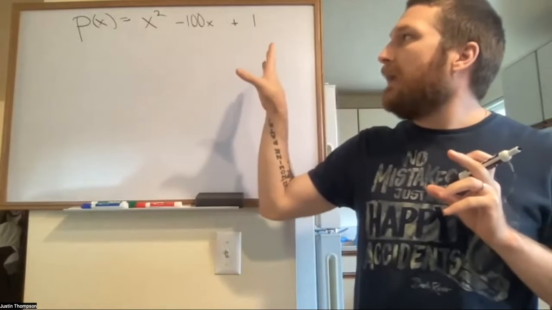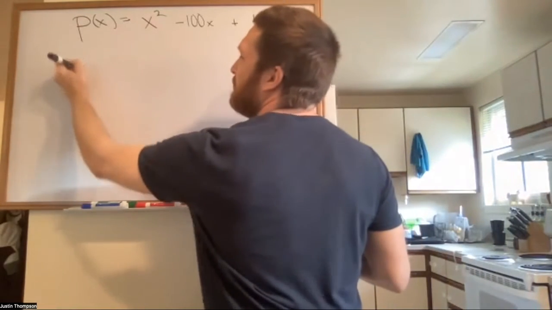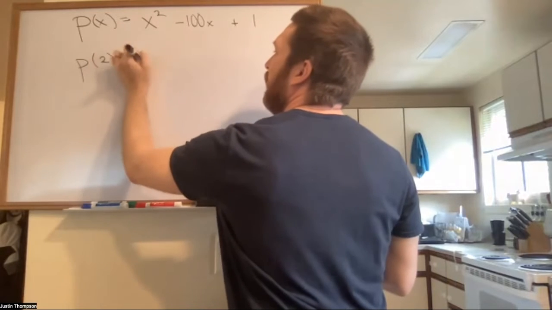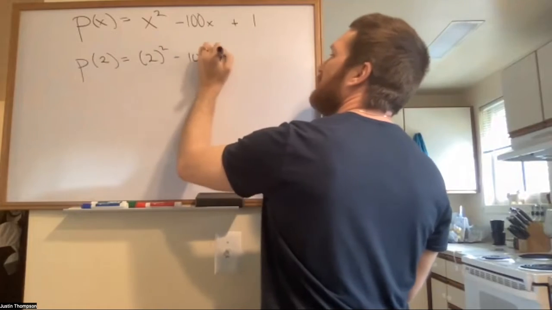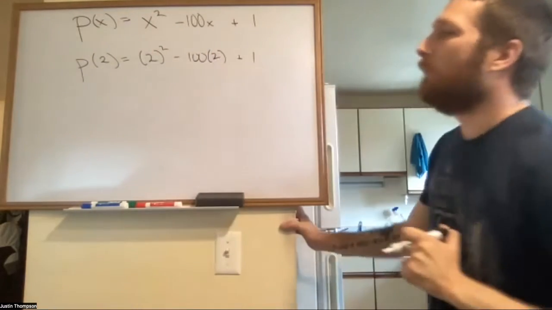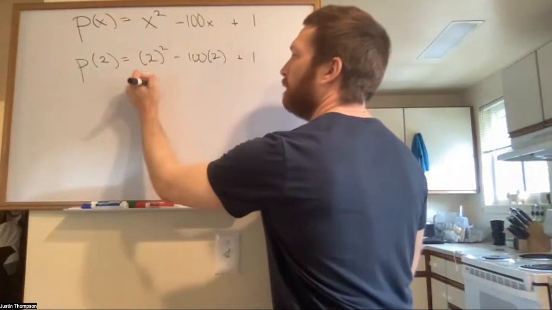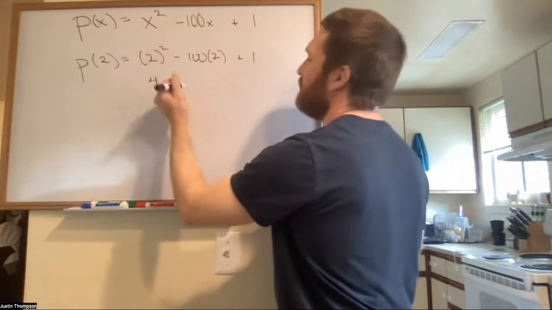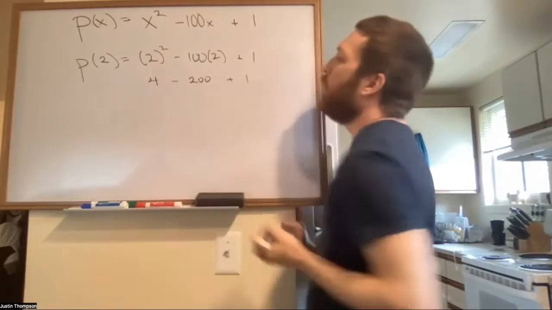If we start with a small number, let's say 2, and see what we get: 2 squared minus 100 times 2 plus 1. Let's see what's happening here. 2 squared is just 4, but minus 100 times 2 is minus 200, plus 1.